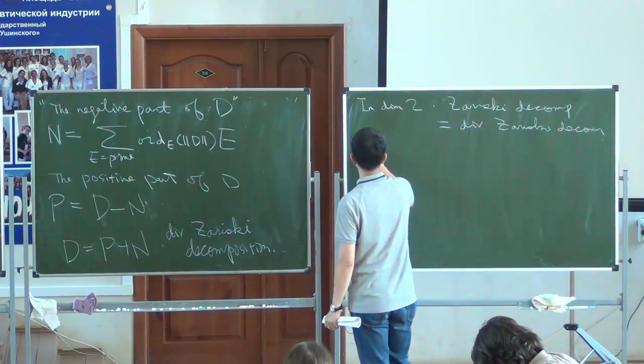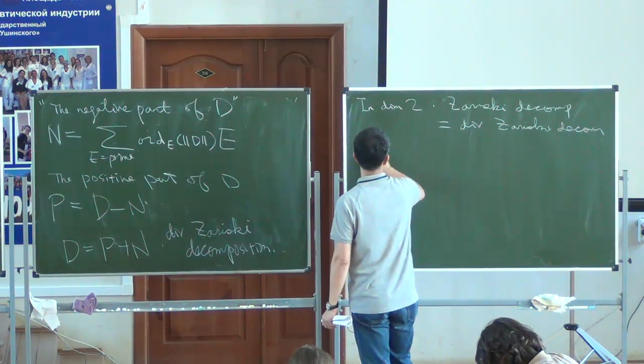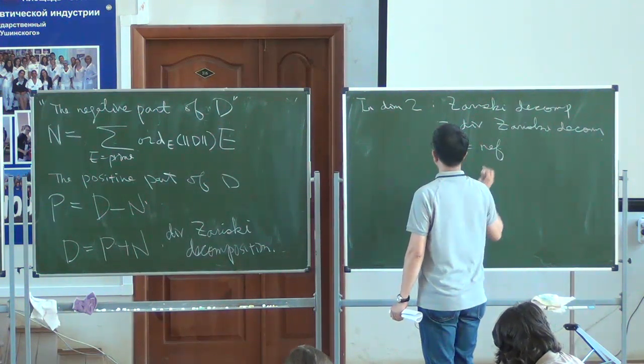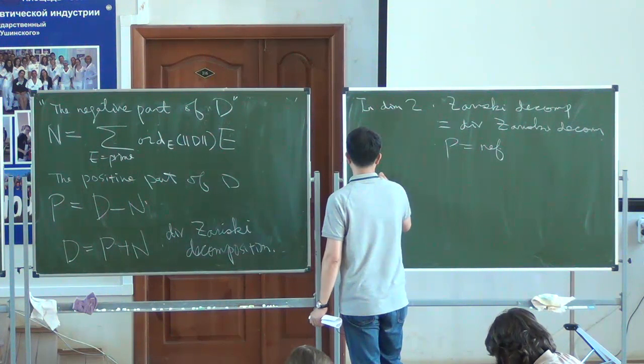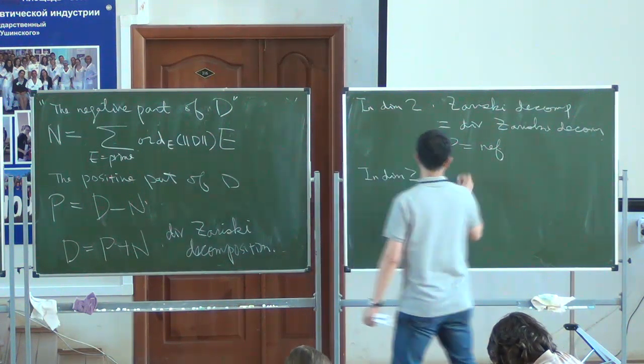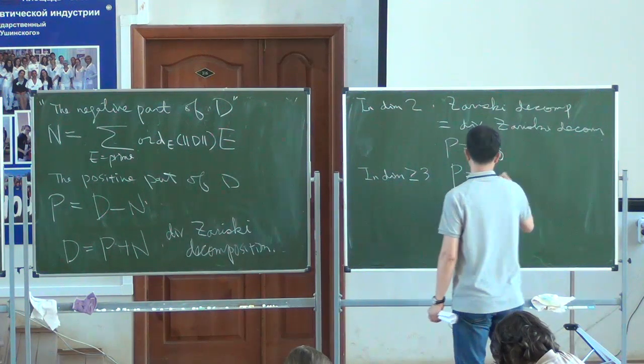Okay, and in dimension 2, P is nef. Okay, but in dimension larger than 3, P is only movable.